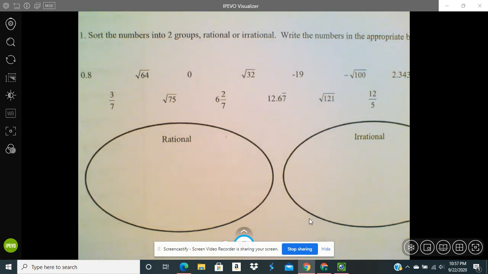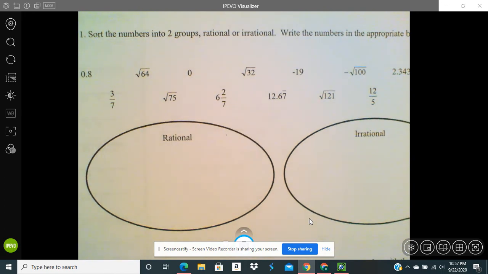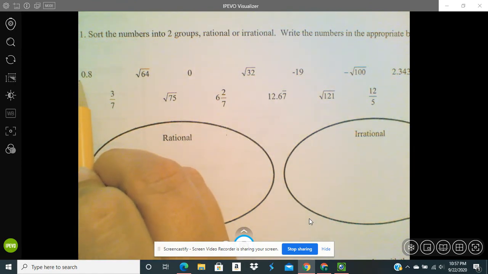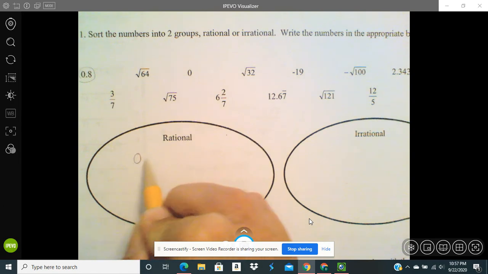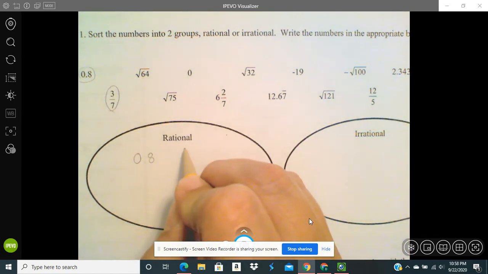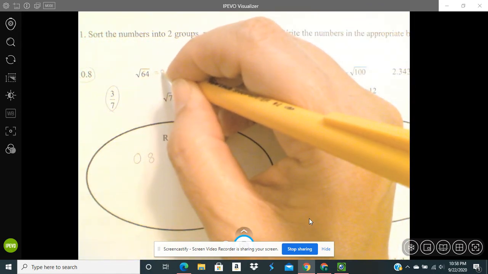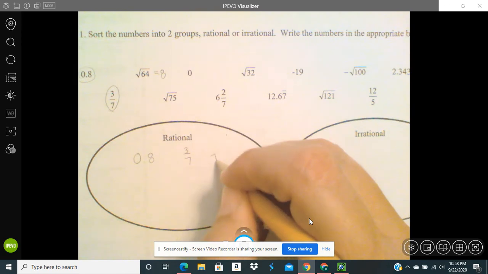If we wanted to do this, I could, and I think about all the different possibilities. This is a terminating decimal. It's rational. This is a fraction. It's rational. The square root of 64, I feel like we just did that, is 8.